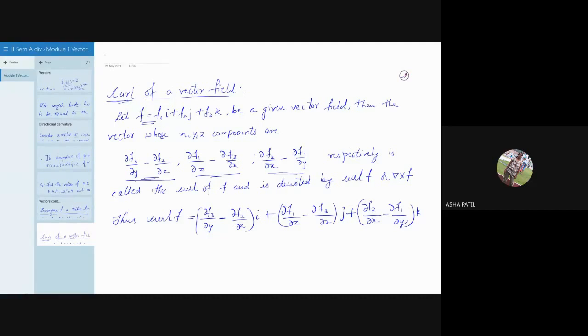If you take these as your x, y, z components, the resulting vector is called the curl of the vector F, denoted by either curl F or del cross F. We have already studied del phi, then del dot F, and now this is del cross F.